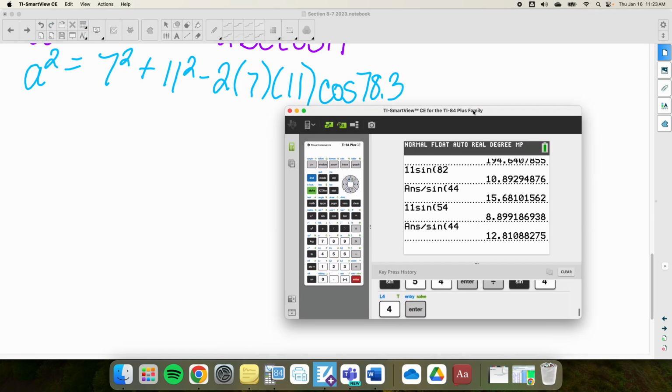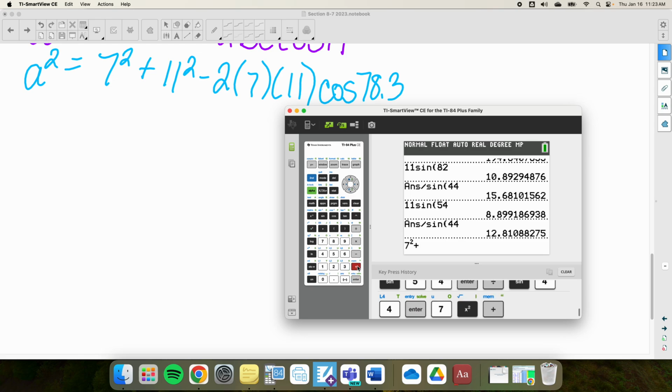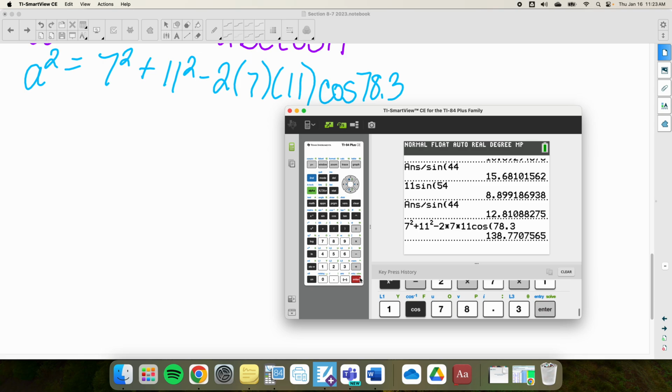So if I type this in, I'd go 7 squared plus 11 squared minus 2 times 7 times 11 cosine of 78.3. Now that again is the square of that side, so I have to take the square root of that.